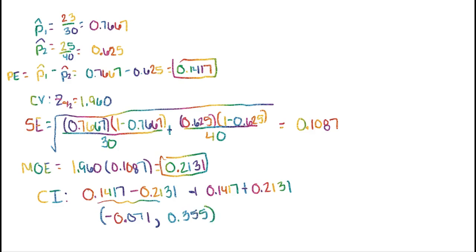So it looks like my 95% confidence interval is negative 0.071 and 0.355. So we are 95% confident that the difference between those proportions falls between negative 0.071 and positive 0.355.